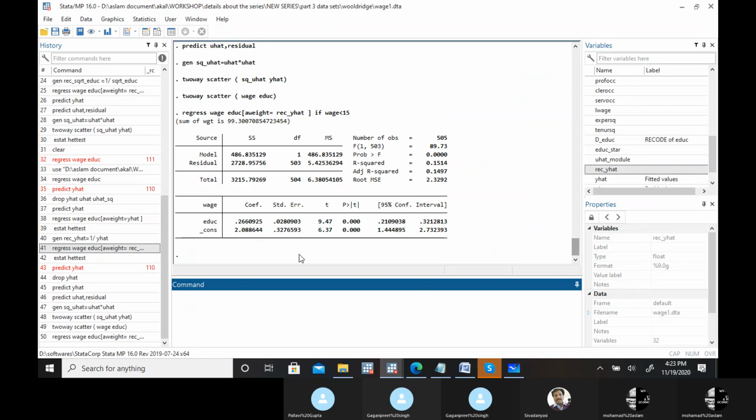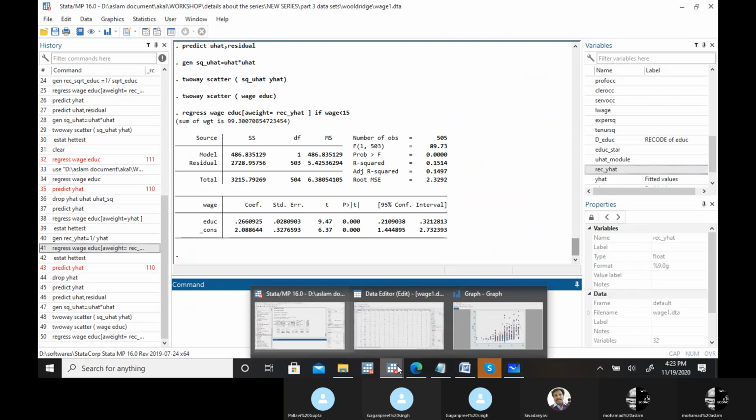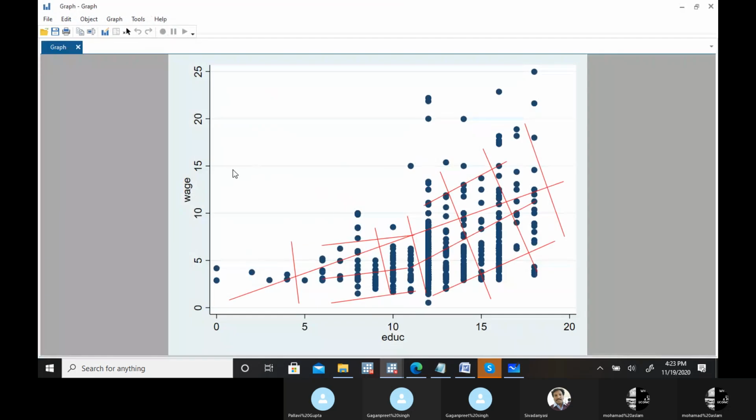It means now you are running it without this component, so your regression is now only for this particular range. Well, I hope now you get this point, how to find the outliers and how to run a regression without outliers.